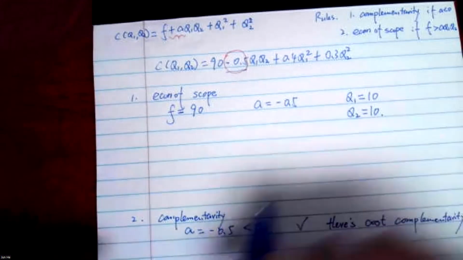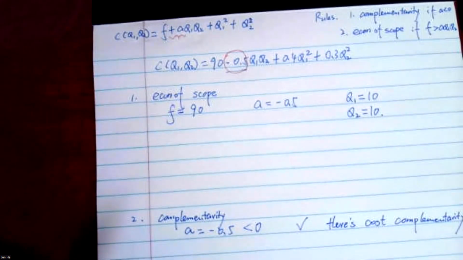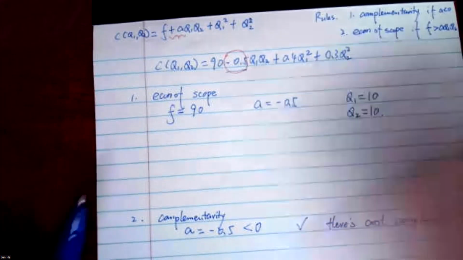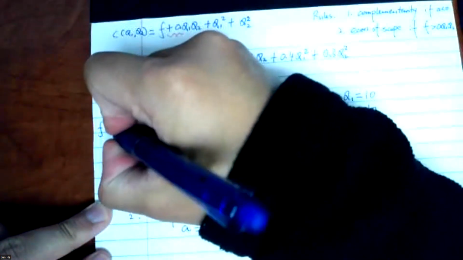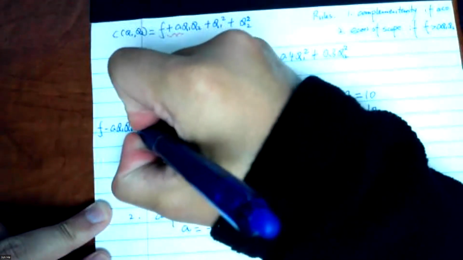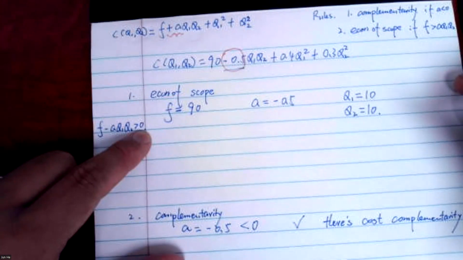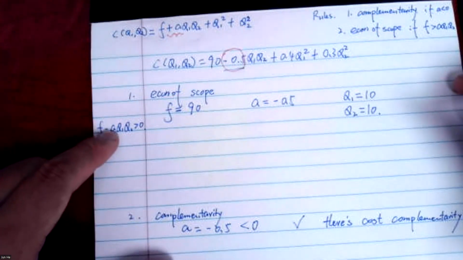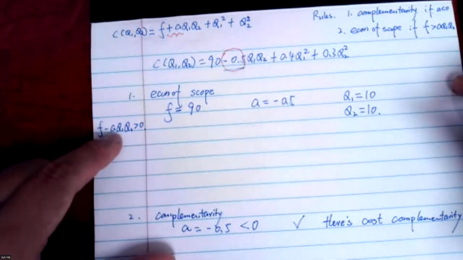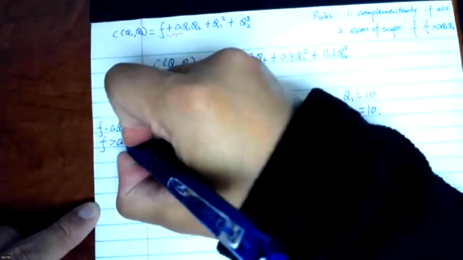The original condition given by the textbook is F minus A Q1 Q2 greater than 0. What I did was move A Q1 Q2 to the right-hand side and change the sign, so it is actually F greater than A Q1 Q2.